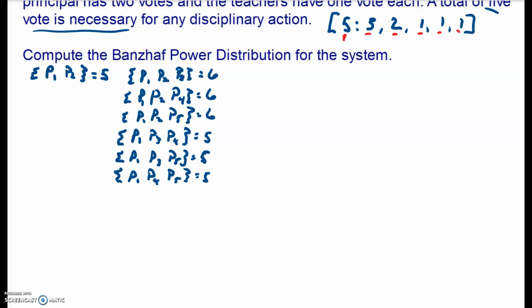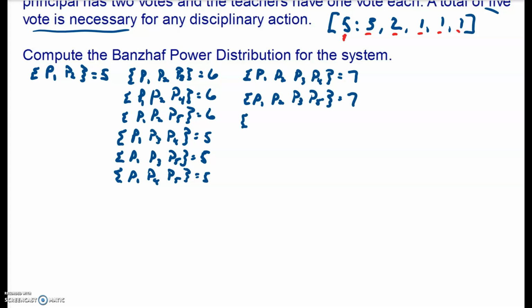Every coalition that has 4 players would pass. So I need to list all of the ways that I can get 4 players together. The first one is player 1, player 2, player 3, player 4, which has a total of 7 votes. Player 1, player 2, player 3, and player 5 gives me a total of 7 votes.